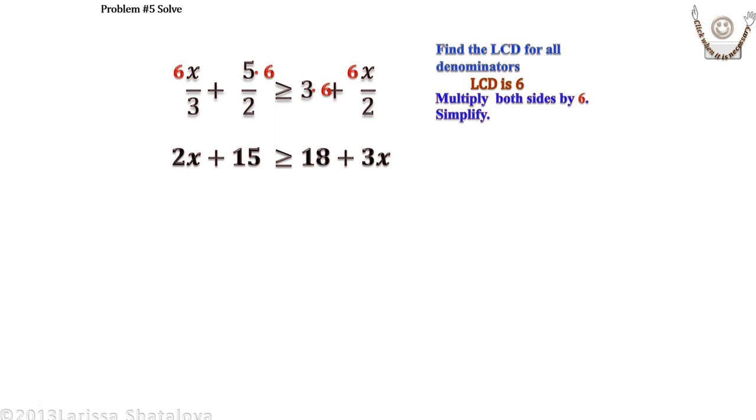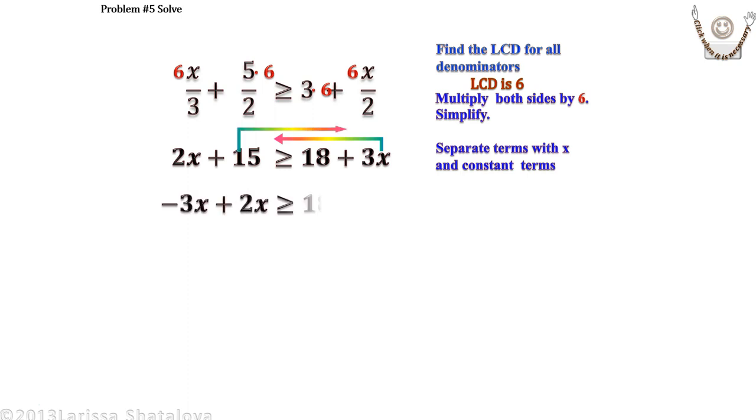We have to separate terms with variables and constant terms. 3x moving to the left and 15 to the right. As a result, we have negative 3x and positive 2x greater or equal 18 and negative 15. Simplifying, negative 3x and positive 2x is negative 1x greater or equal 3.